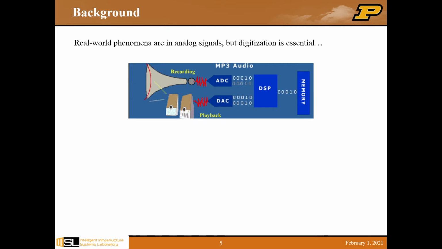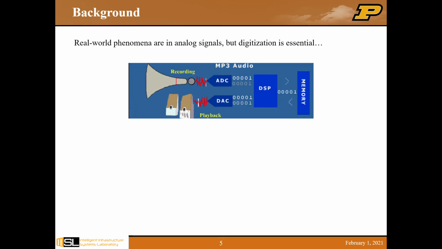It goes through the ADC, which is the analog to digital converter, and eventually becomes a digitized signal, which is easier for the DSP chip or computer to process. We can apply some advanced techniques like equalizers or compression to make the voice higher quality.